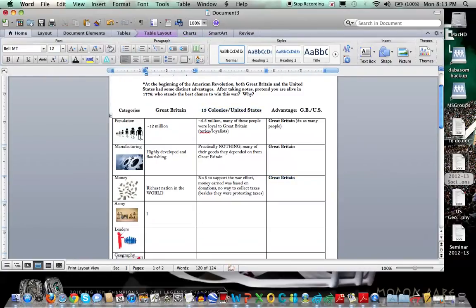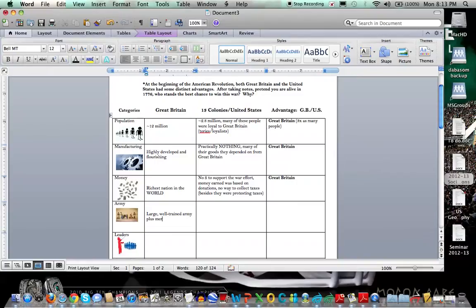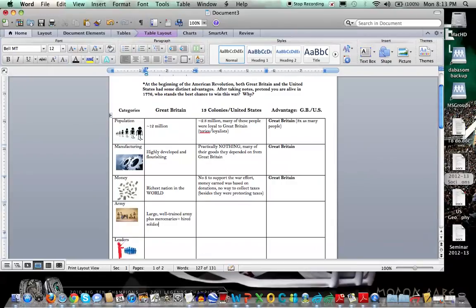In terms of armies, the British Army had a large, well-trained army plus what we're going to call mercenaries. A mercenary is a hired soldier, or in this case, hired soldiers. They will hire what's called Hessians, which are German mercenaries, which means these guys were literally hired to be soldiers and to be killers.